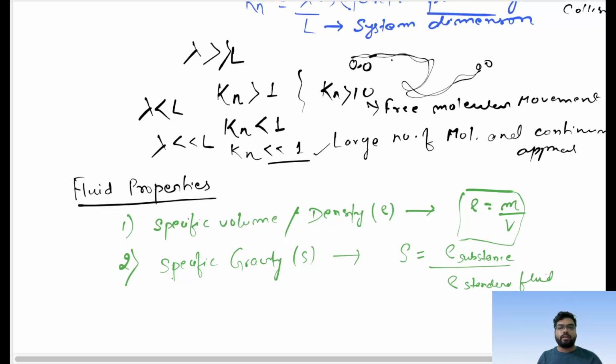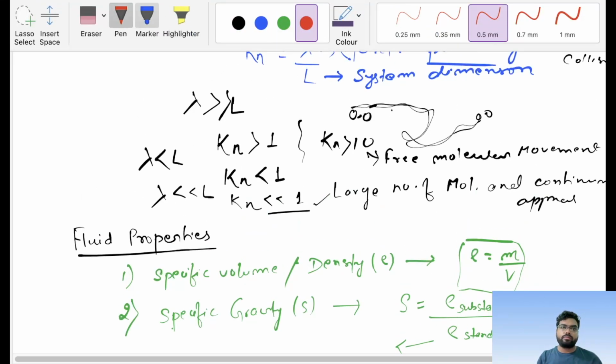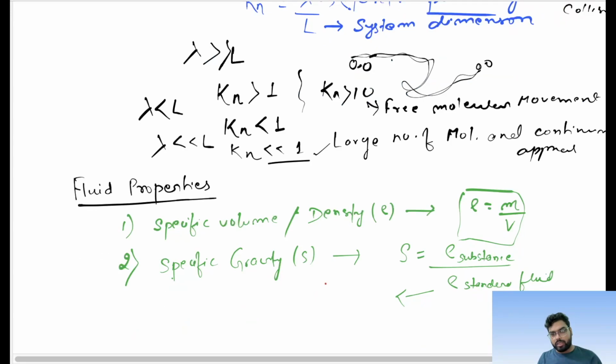This is basically a ratio, and the standard fluid in case of liquid is water, and that too at 1 atmospheric pressure and 4 degrees. We will take the density of water at 1 atmospheric pressure and 4 degrees.